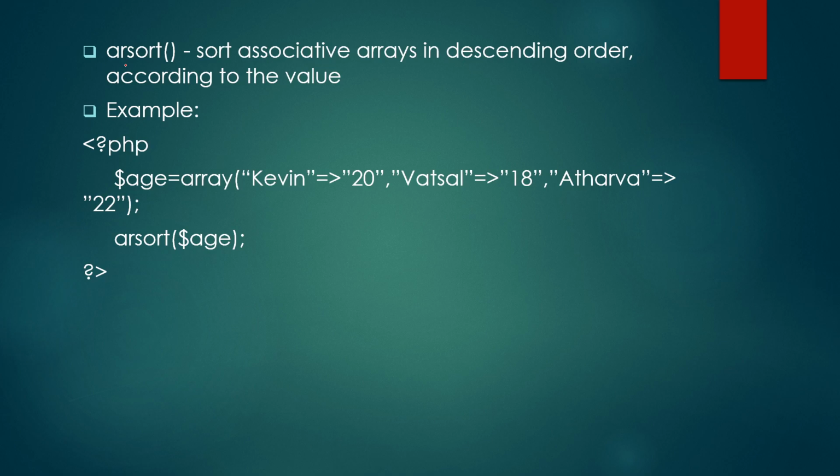Then we have arsort, the reverse sort. It will sort the array in descending order according to the value. Basically, wherever we have a, it sorts according to the value. Since it is sorting in descending order, first this key value pair will be printed because this is the largest, 22, then 20, and then 18.